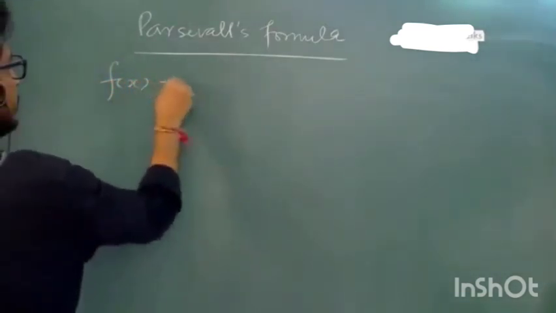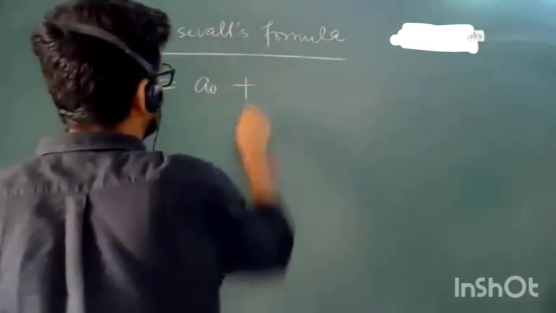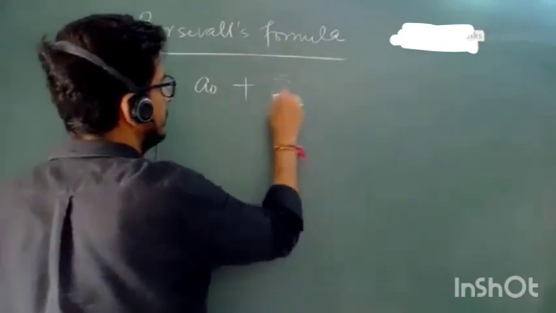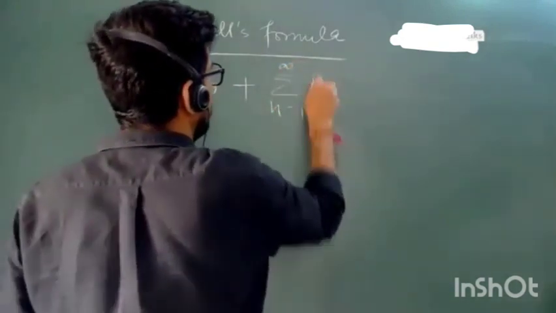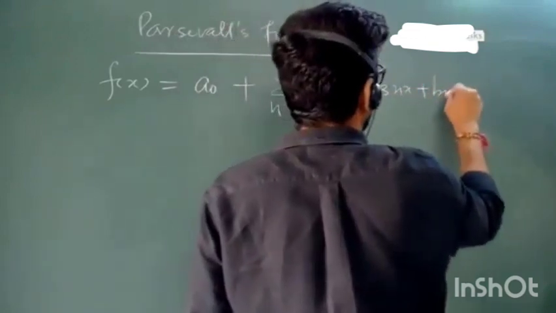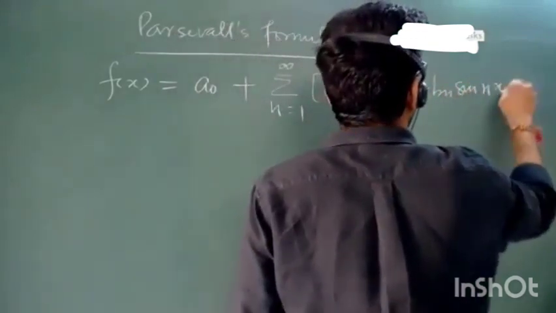Parseval's formula. Okay, so what is this? What is Parseval's identity or Parseval's formula? Suppose f(x) is a function, a series a naught plus summation n is equal to 1 to infinity a_n cos nx plus b_n sin nx.